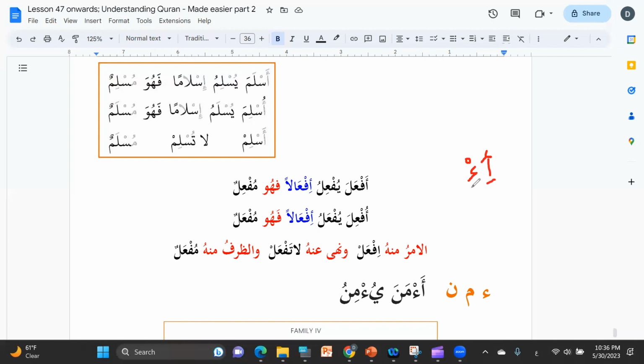Then the second ain kalma mim, and alif from the pattern, and then noon, which is lam kalma.